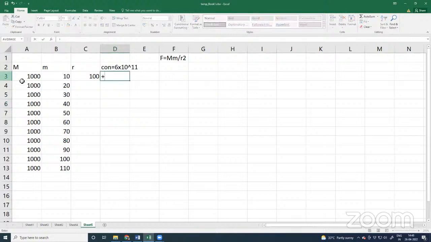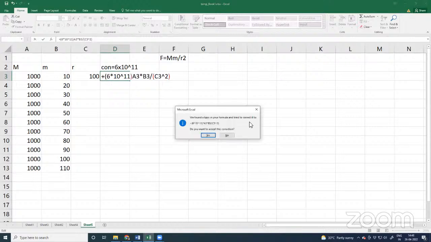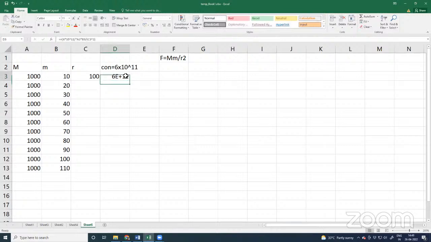For example, this mass into this mass, divided by, in brackets, this square, multiplied by this constant, 6 into 10 to the power of minus 11.